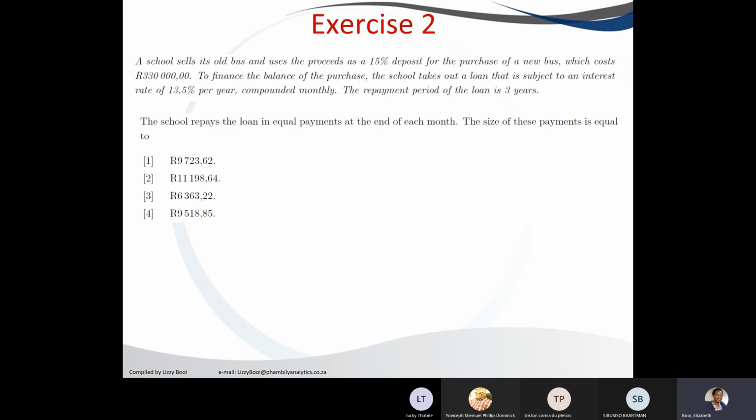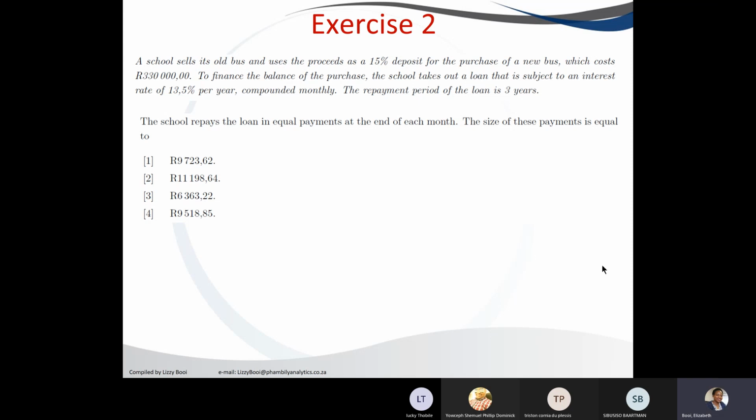So let's see, what do you have? Yes, then you subtract the 15%. No, you need to subtract your 15% so that you get the balance, because they paid the deposit and then they have the balance.